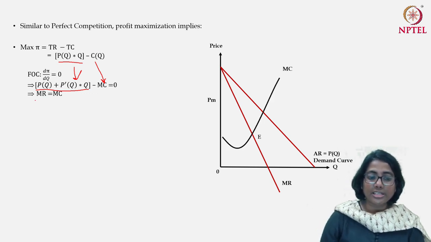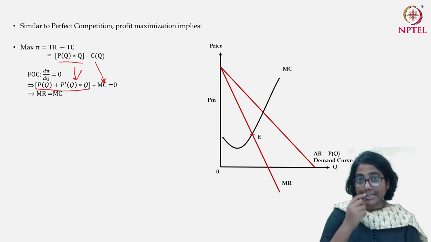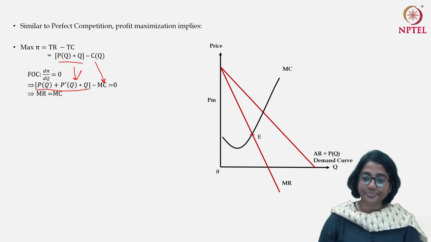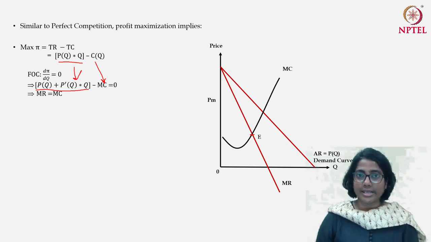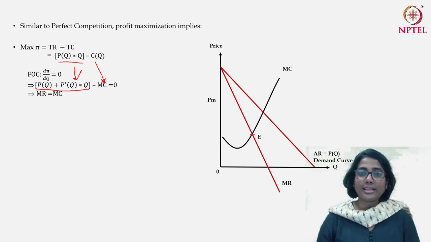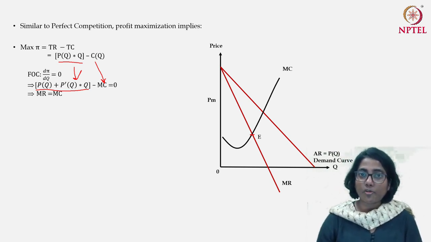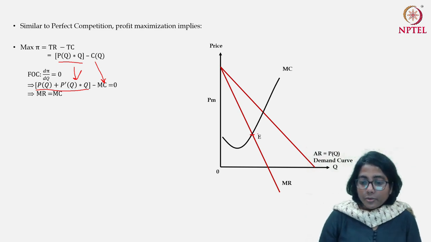So in order to achieve profit maximization, the equilibrium takes place at this point where the marginal cost intersects the marginal revenue curve. You remember in case of perfect competition, P was intersecting the marginal cost. So P was marginal revenue, and we were taking the intersection of marginal revenue with marginal cost there as well. Now here, this is the equilibrium.